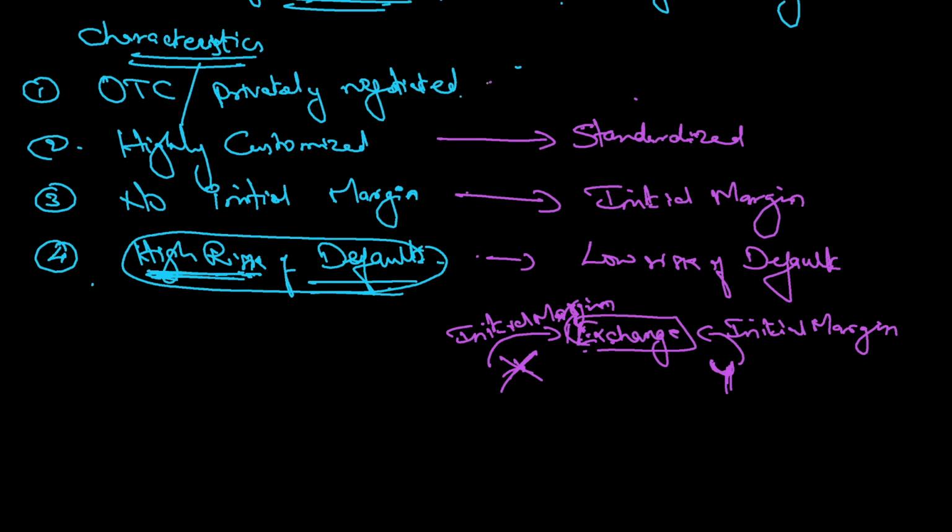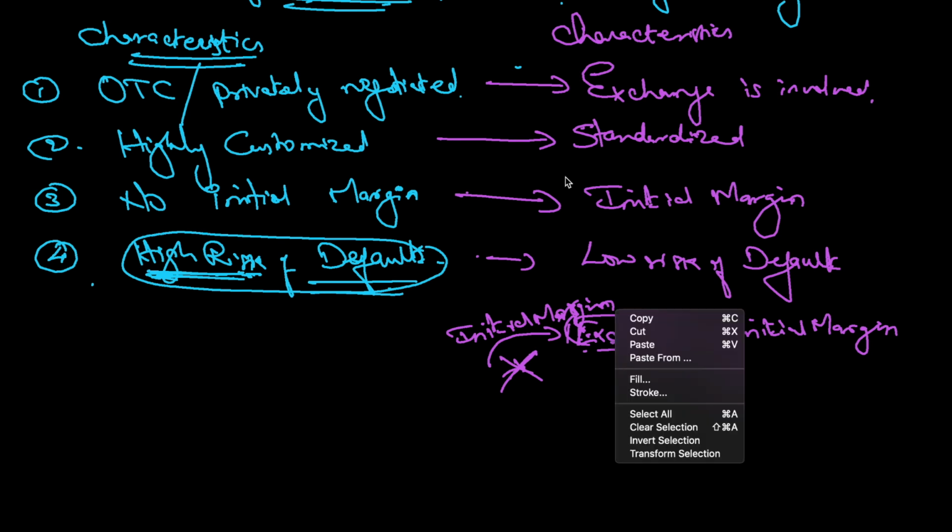And here, where forward was privately negotiated over the counter, it happens through an exchange. So the exchange is involved in this kind of contract. You see now all the characteristics are changing because of the involvement of the exchange.